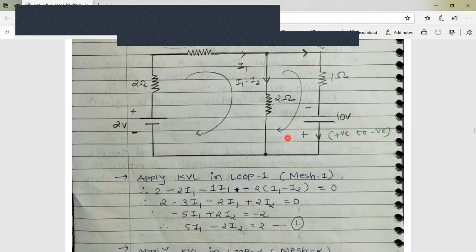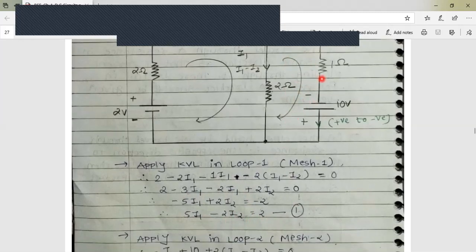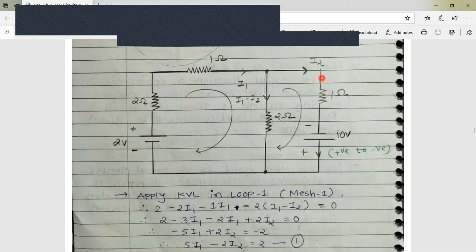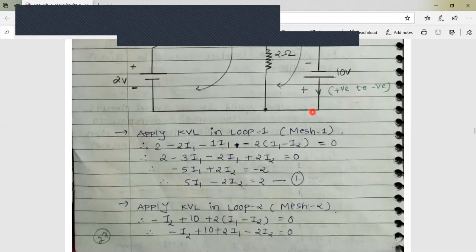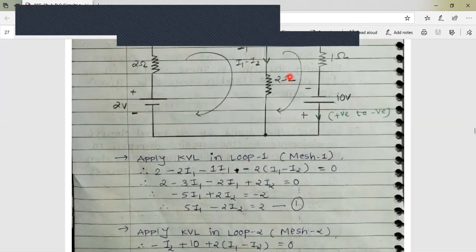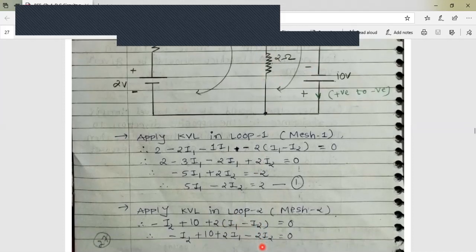Now again we apply Kirchhoff's voltage law in the second loop. Here we start with the 1 ohm resistance, so minus I2 plus 10 plus 2. See here, the current we are going in this direction through the 2 ohm resistance. That's why we are considering plus 2(I1 minus I2). Instead of this, you can also write minus 2(I2 minus I1).